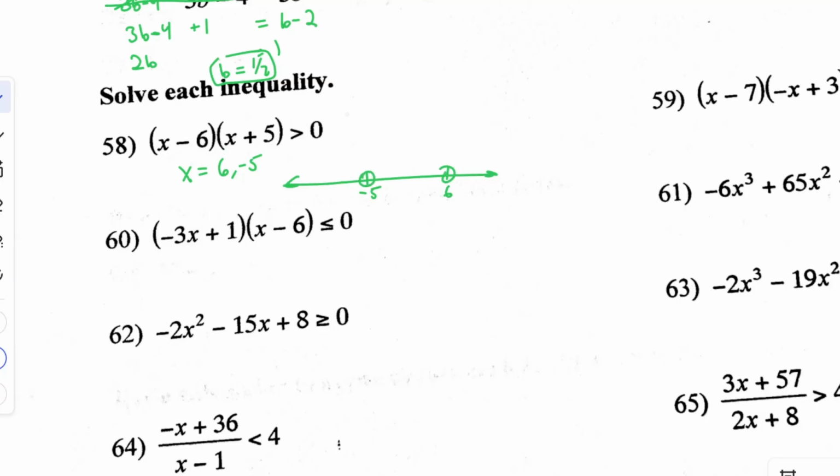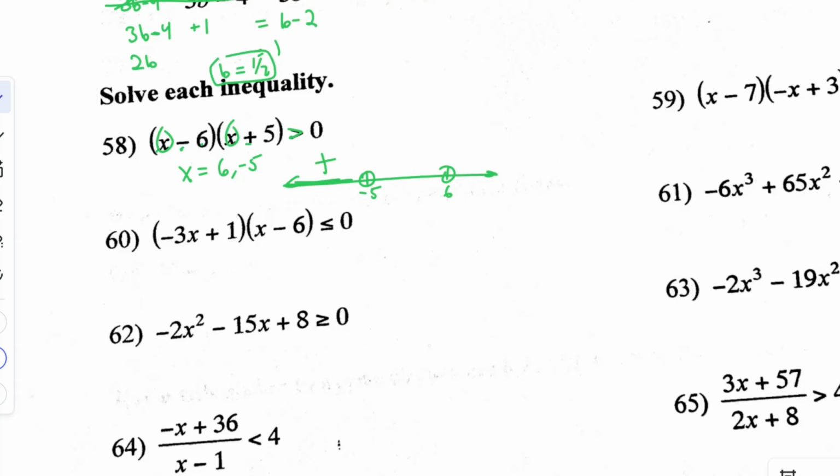I've got these 3 regions to test. So I'll test a number from this region. I'll plug in -100. Let's see, I get -106 times negative something. So negative times negative is positive, which is greater than 0. So that's a winner. So this whole region is a solution. Number from this region, 0.